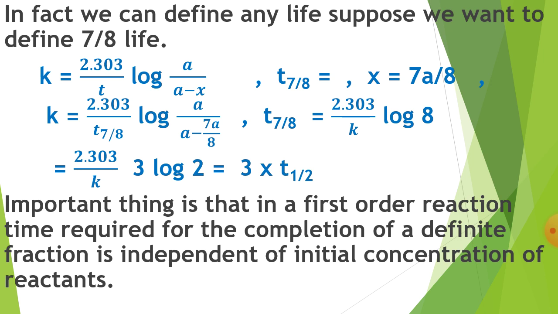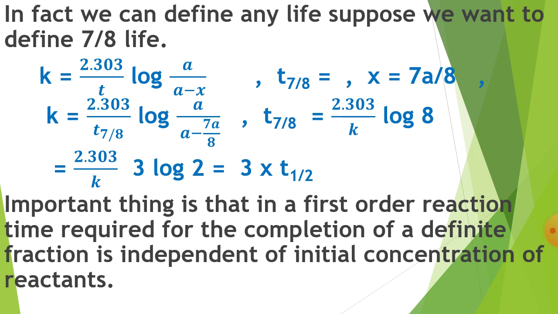So for T 7/8, X equals 7A/8, because 7/8 part of A can be decomposed. Now putting the value of X in the rate constant, K equals 2.303 divided by T 7/8 log A divided by A minus 7A/8.